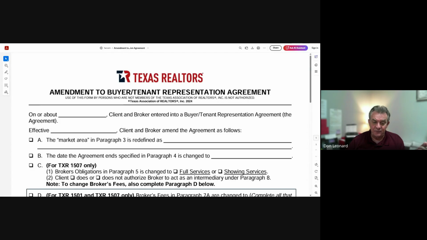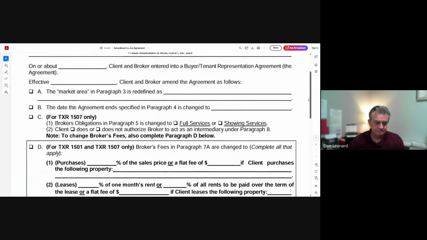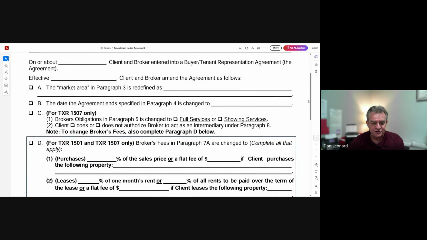C would be if we were using the 1507 originally, if we were flipping over to full service or just showing service, and whether or not they'd allow intermediary. But since we don't use a 1507 here, there's nothing there that you should probably ever be filling in.